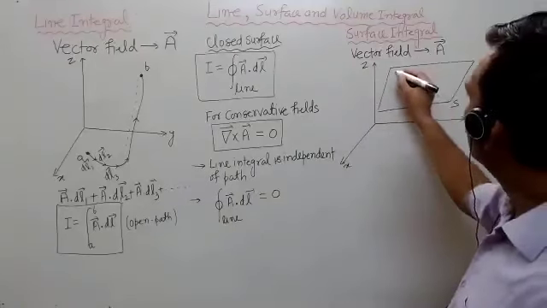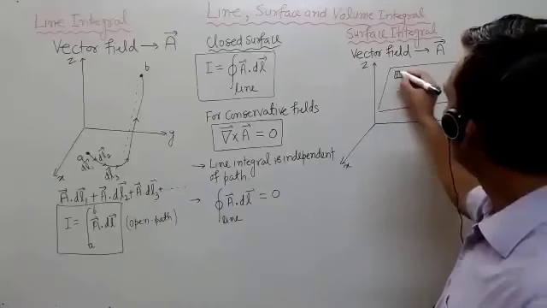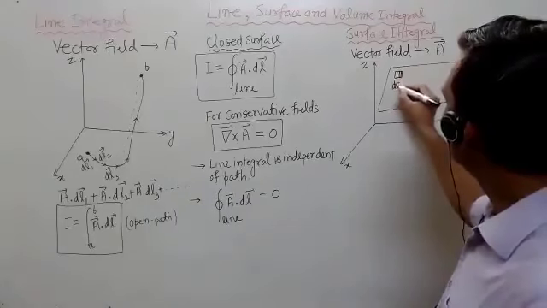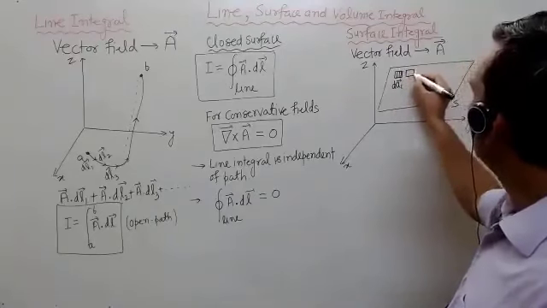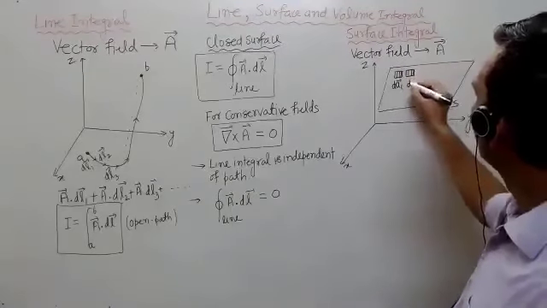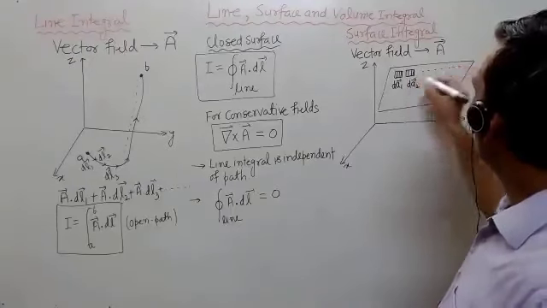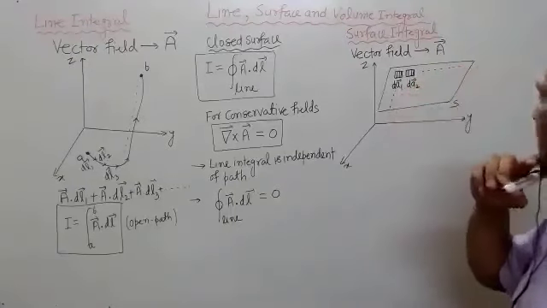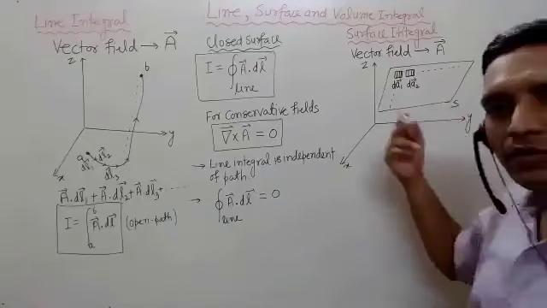So what you have to do, you have to divide this surface into elemental area. Let's say this is dA1, then another elemental area dA2, and so on. Whole surface is divided into elemental area dA1, dA2, and so on.